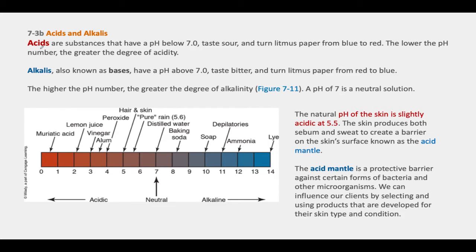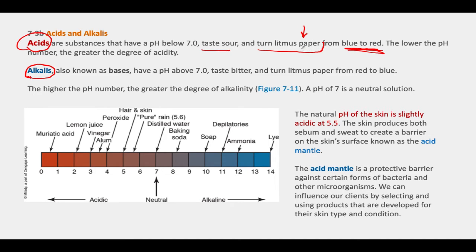So acids, and then we have alkalis. Acids are substances that have a pH below 7. Here are some of the properties: they taste sour and turn litmus paper from blue to red. A suggested activity is to purchase litmus paper and test it on certain products.